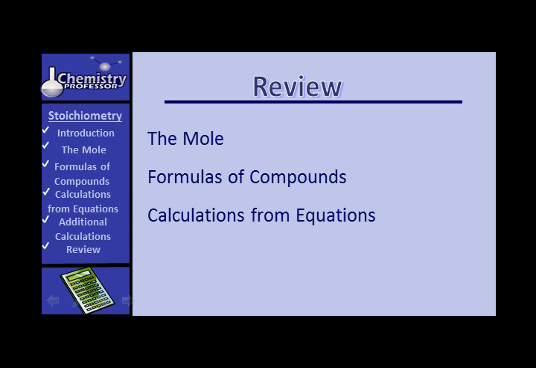We talked about calculations from chemical equations, particularly the stoichiometric ratio. And then we talked about percent yield and limiting and excess reagents. Yes, we did a lot in this unit. A better way to teach and learn chemistry.